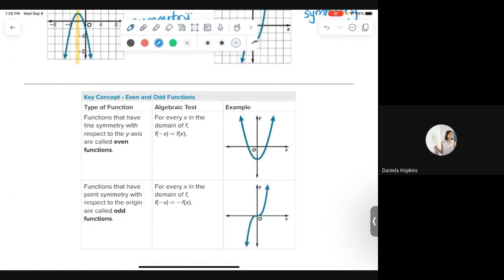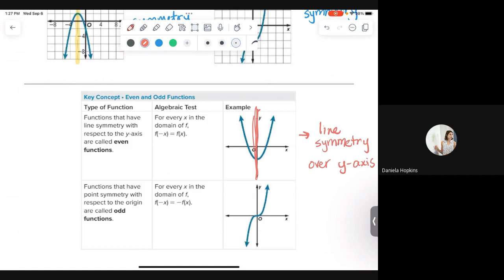So basically, line symmetry over the y-axis. That's where the line symmetry has to be, right on this line. Those functions will be even.